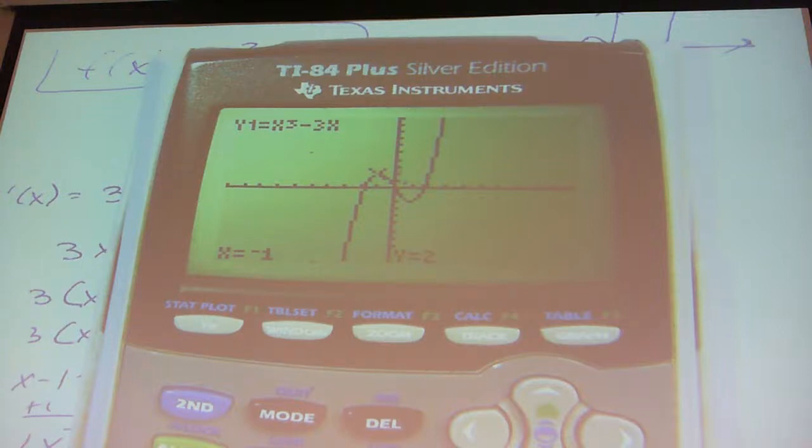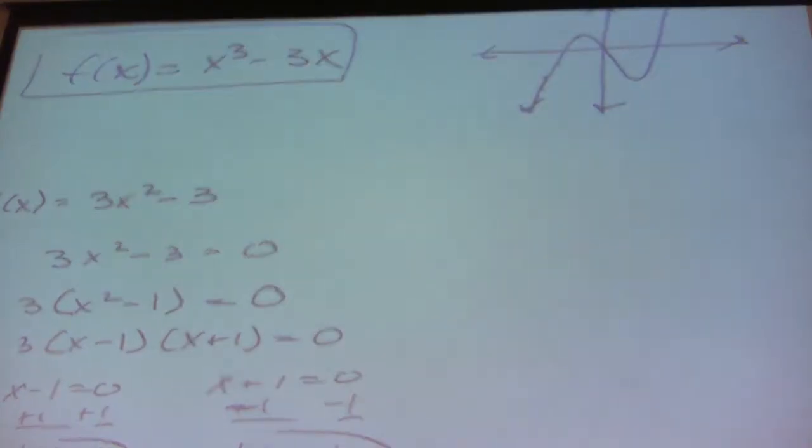That's at a high point. And if I hit 1, enter, where's that? That's a low point. So by taking the derivative, setting it equal to 0, it helps me find the highs and lows of the original. Make sense? That, in a nutshell, is what we'll be doing in chapter 4.